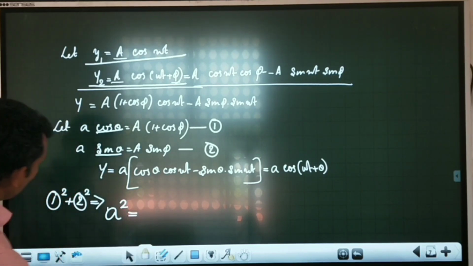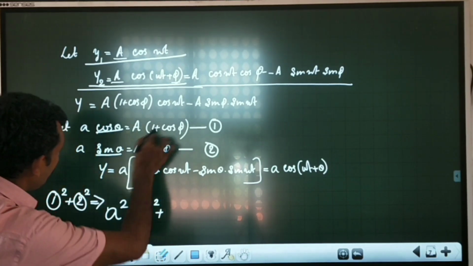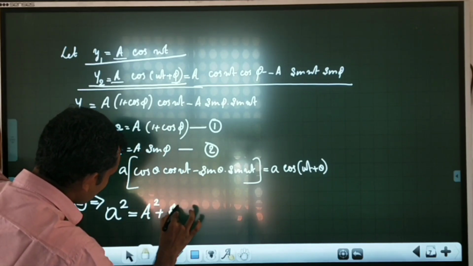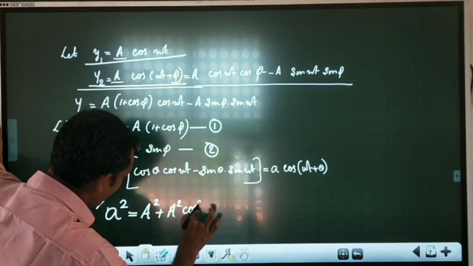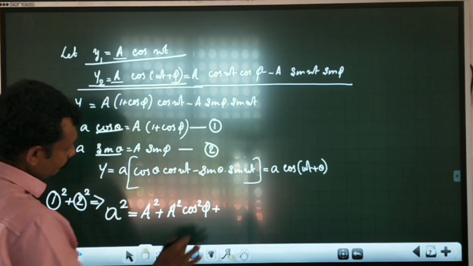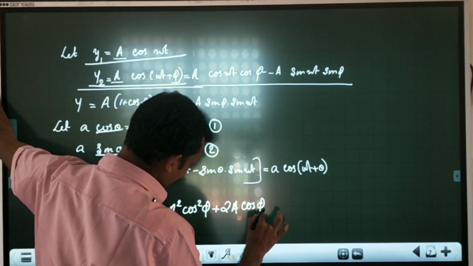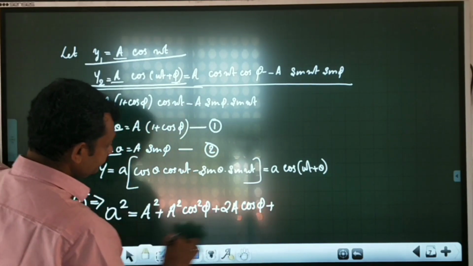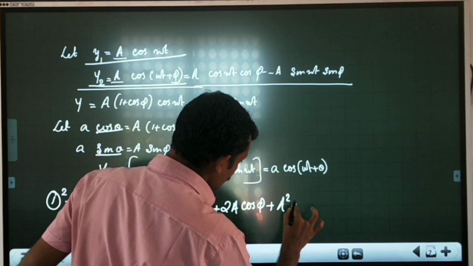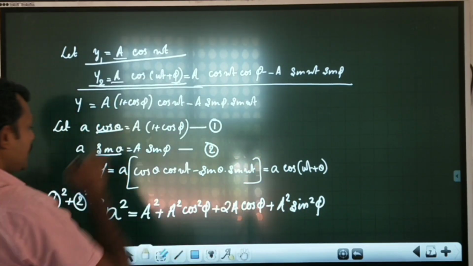That is equal to capital A square plus A square cos square phi plus 2A cos phi plus A square sin square phi. R square we added.